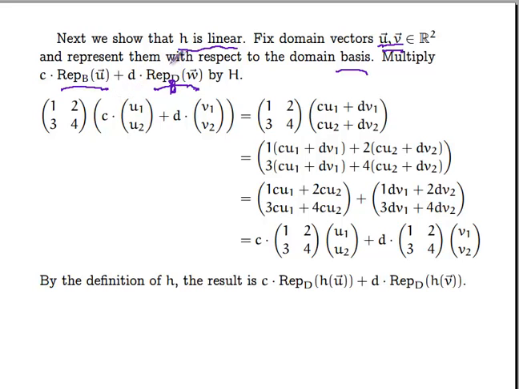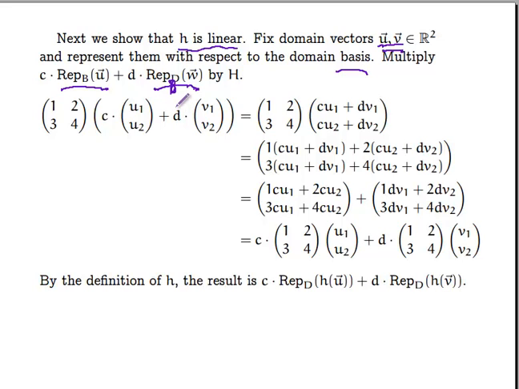So we're going to take this linear combination of representations and multiply by the matrix H. We're using this particular matrix H, but in fact, in general, it's going to work the same way. We multiply this matrix by the linear combination.